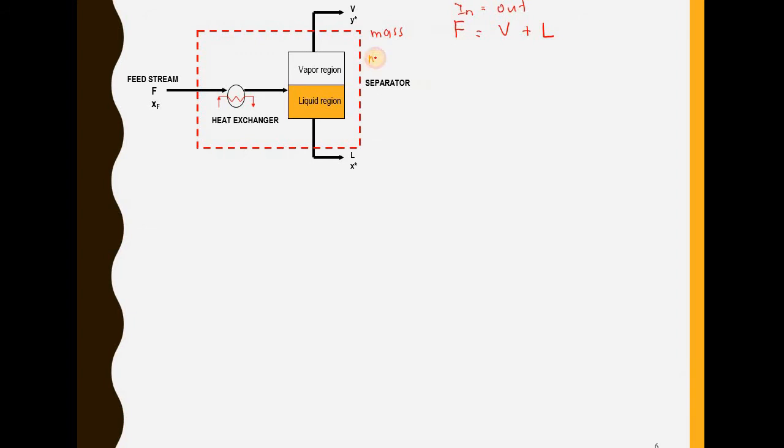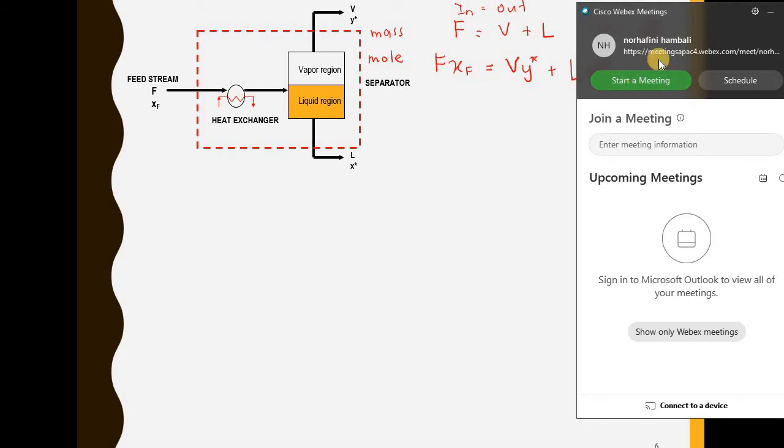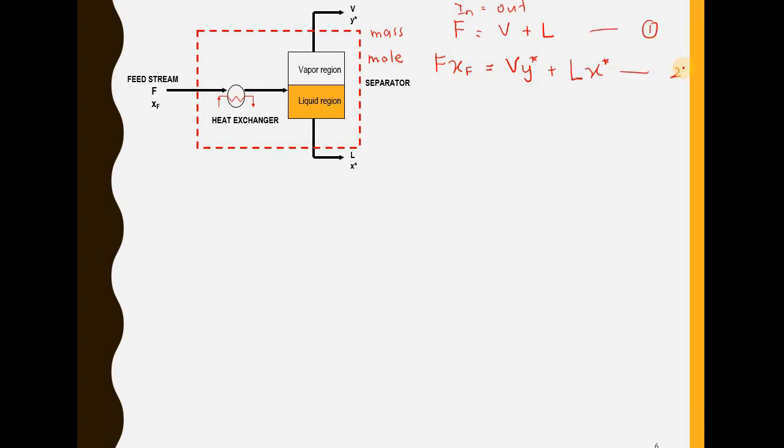In terms of mole, F in is F times XF, which is equal to V times Y star, the mole fraction of A in vapor. I put star because we are considering the equilibrium state. And for L, L times X star. This is the mole fraction, and this is the mass balance in terms of mass and in terms of mole.